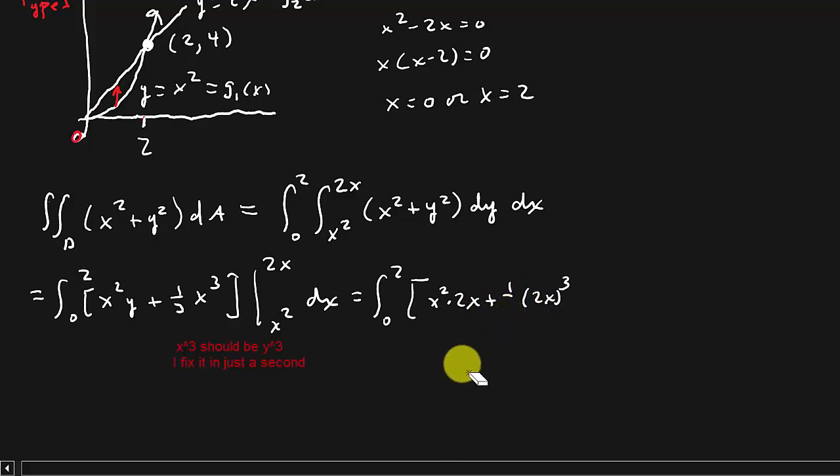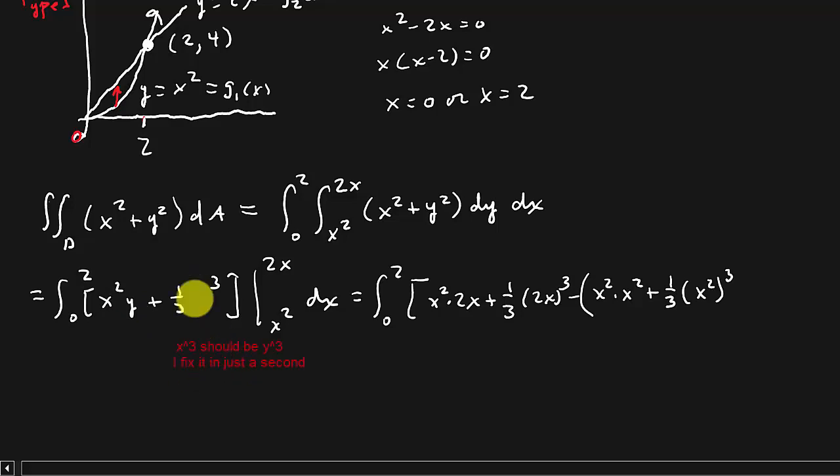That is a 3 right there. All right, minus, and now we plug the x squared in. So that's x squared times x squared plus 1/3 times x squared cubed. So I took the x squared, plugged it in for, oh, that's not an x cubed there.